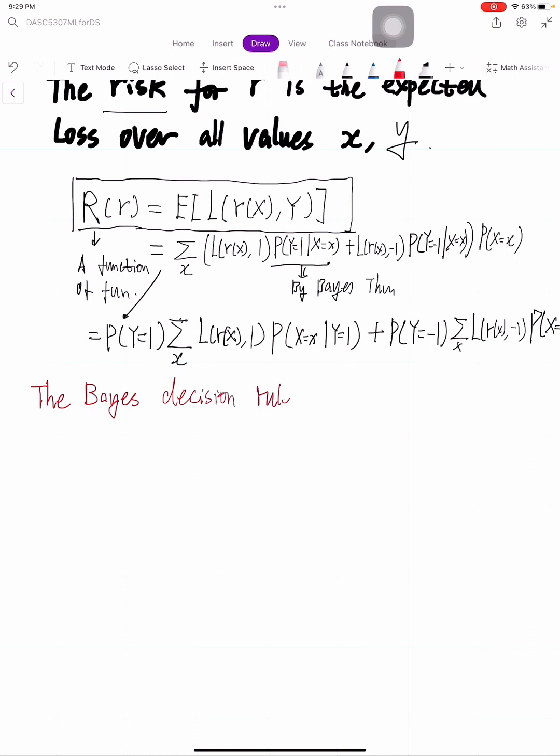The Bayesian decision rule, or the Bayesian classifier, is a decision rule R star such that it minimizes the risk function.